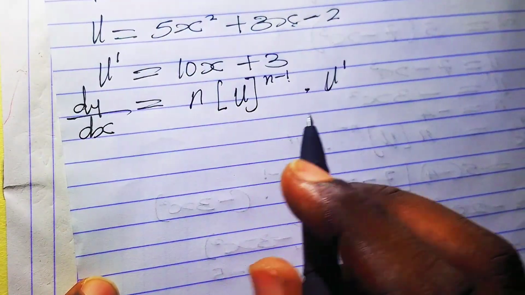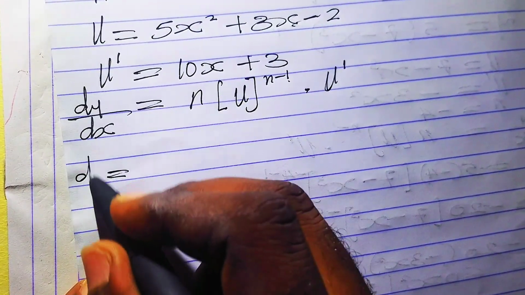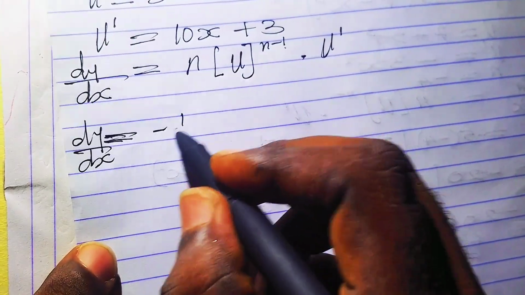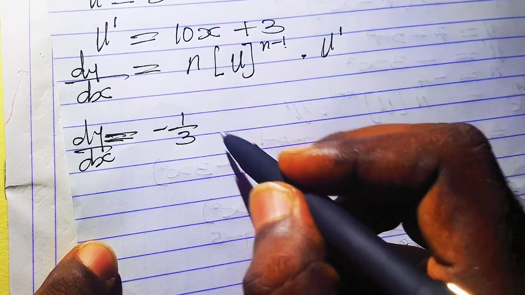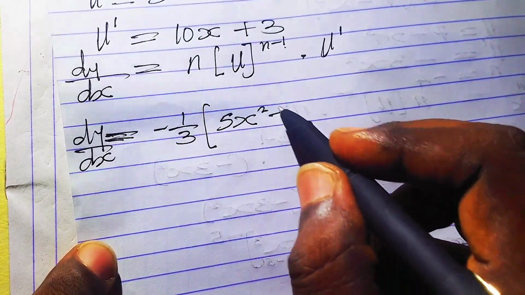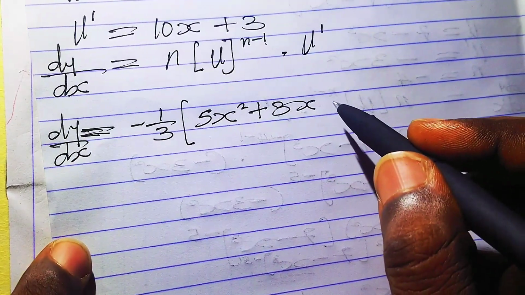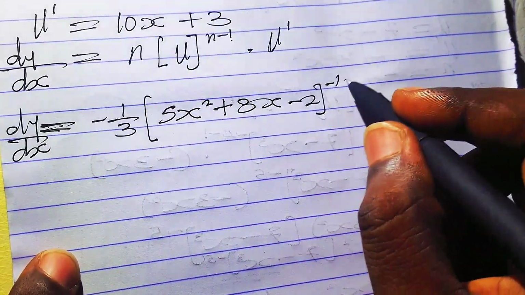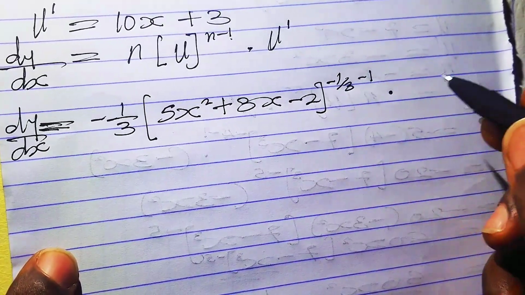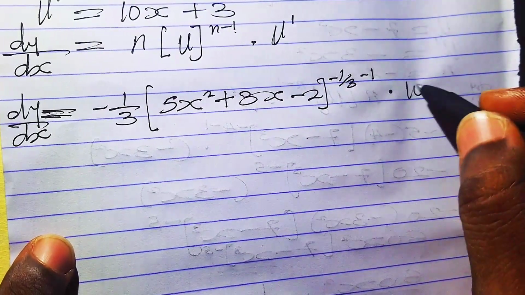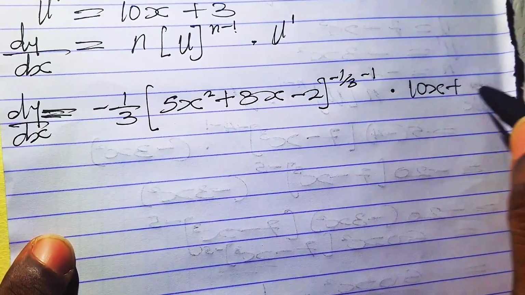So n is minus 1 over 3. So here dy/dx is equal to minus 1 over 3 in the brackets, 5x squared plus 3x minus 2 raised to the power of minus 1 over 3 minus 1, multiplied by the differential value of u, which is 10x plus 3.